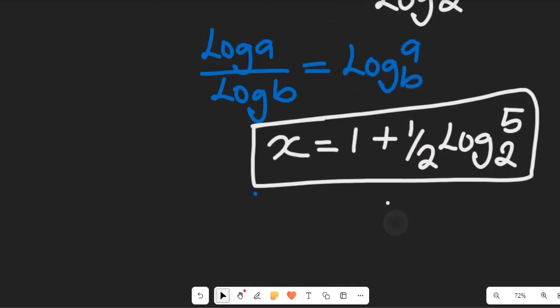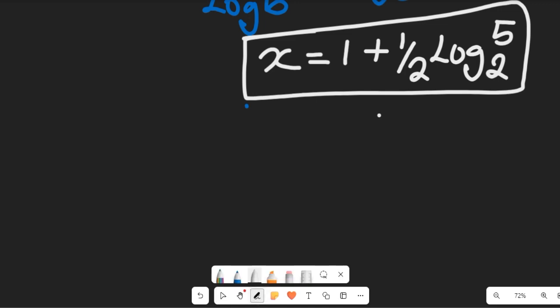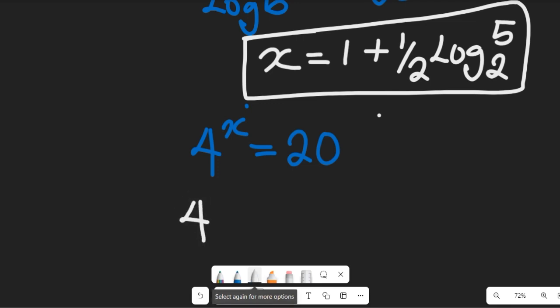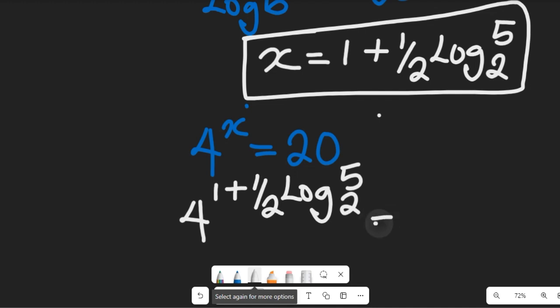If we insert this into that expression, are we going to get 20? 4 to the power of x is 4 to the power of 1 plus 1 divided by 2 log of 5 base 2. If I simplify this, will I be able to have 20?